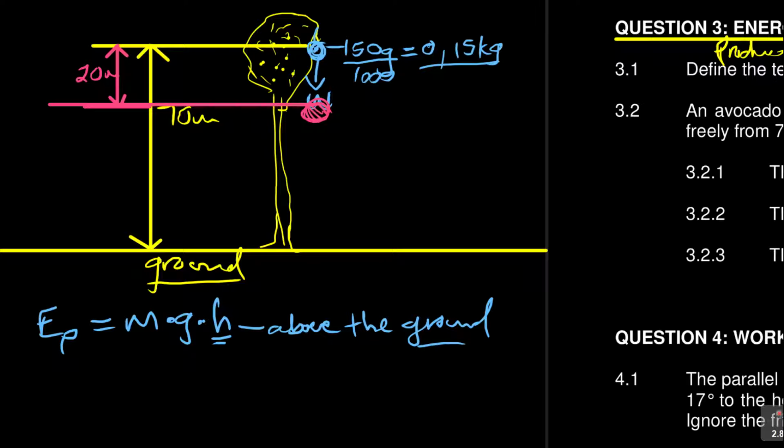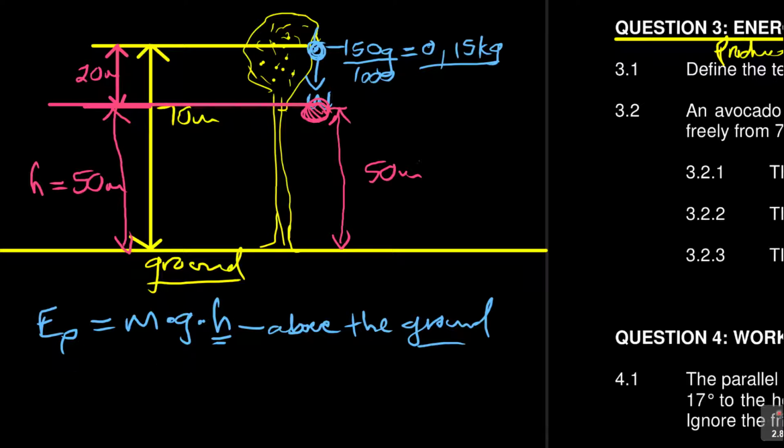The height above the ground is the distance from here, after falling 20 meters, to there. So this distance will be 50 meters. That is now our h. It's no longer 70 meters, because this avocado is at this point 50 meters above the ground.